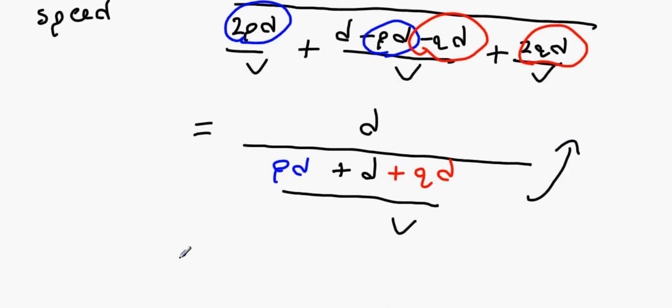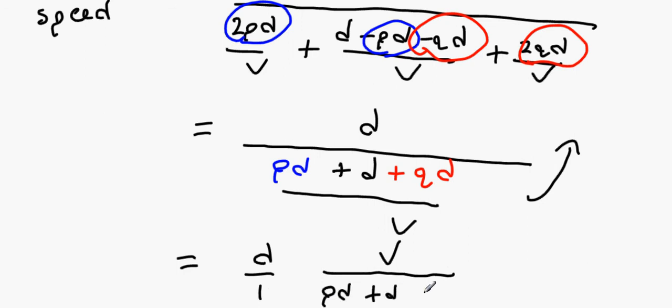So what we get is D over 1 multiplied by V over PD plus D plus QD.